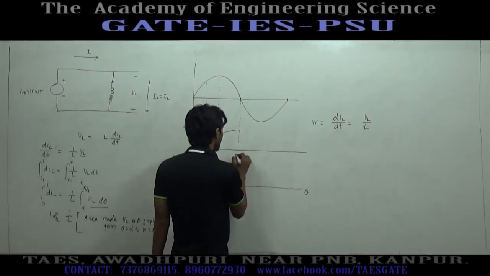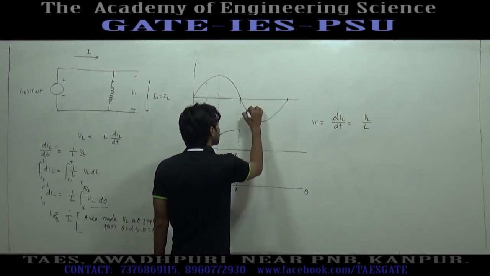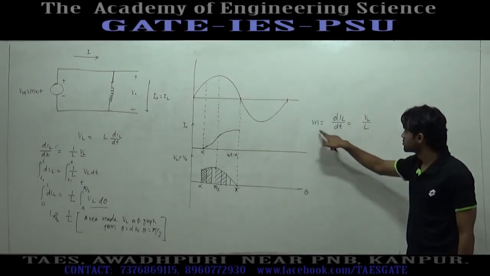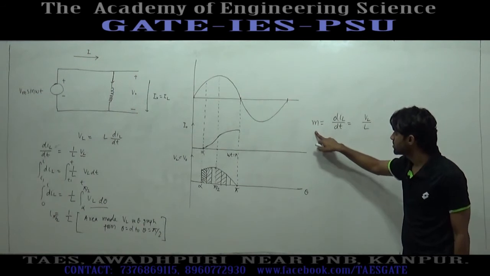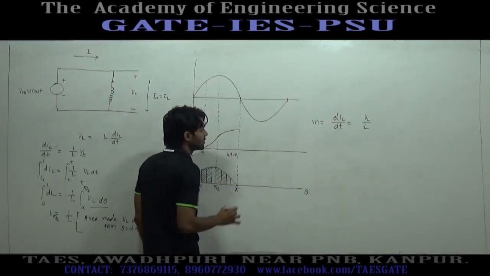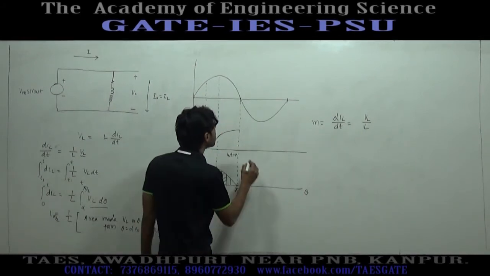Now after omega t equal to pi the voltage is negative. If the voltage is negative, the rate of change of inductor current, that is the slope of the inductor current graph, will become negative. If the slope is negative then the change of inductor current will be negative.